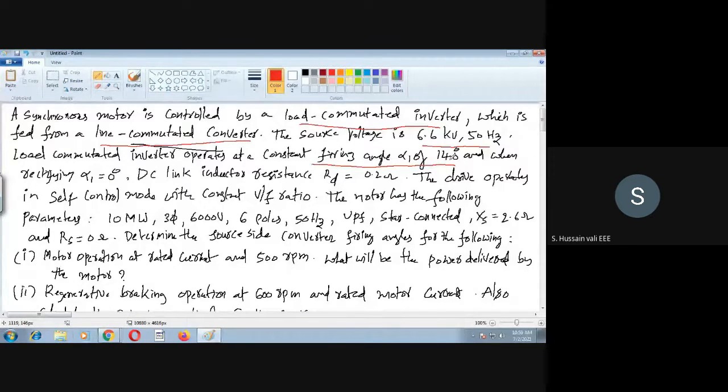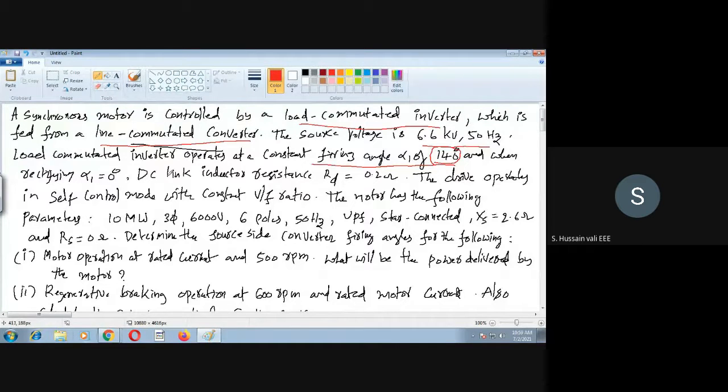So when he said it is fixed, we cannot do anything else here. He said that this alpha or beta, whatever it is, of the load commutator inverter is 140. Okay. So it is more than 90, so definitely for the converter, it is less than 90. We can say this because we have that relationship previously also.